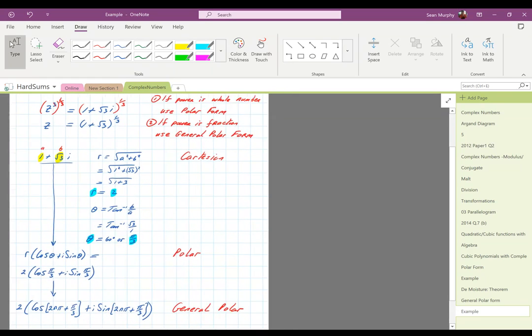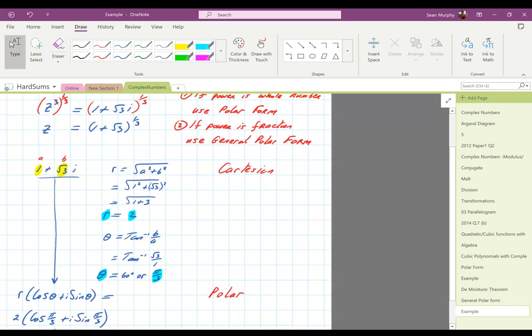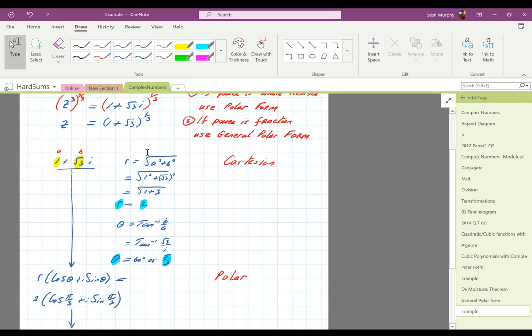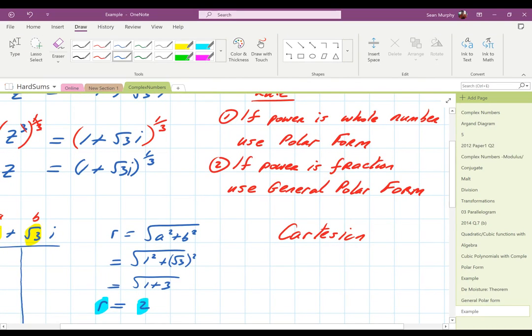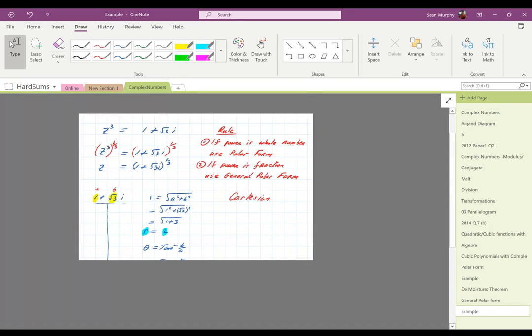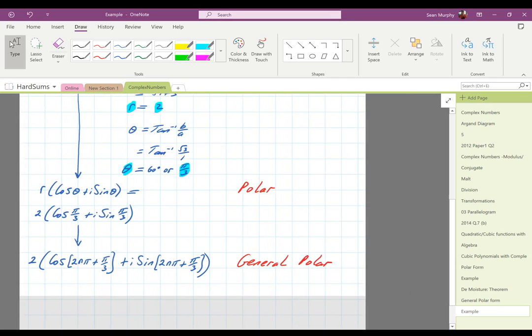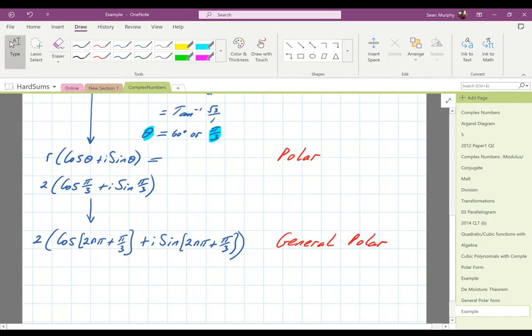Now, don't forget the original question, which is this thing we've been working out to the power of a third. This thing inside the bracket, 1 plus root 3i, is to the power of a third. So we now have to get all of that to the power of a third.